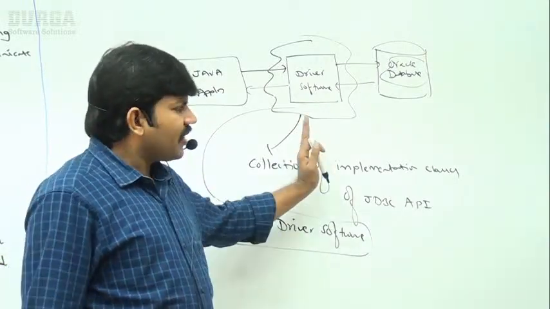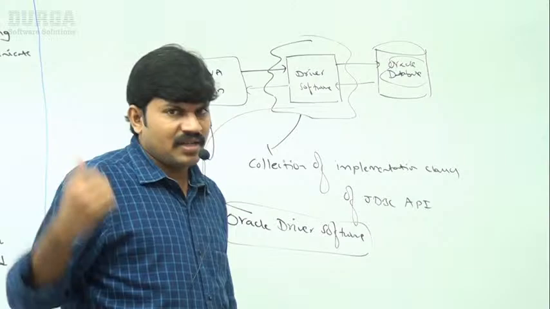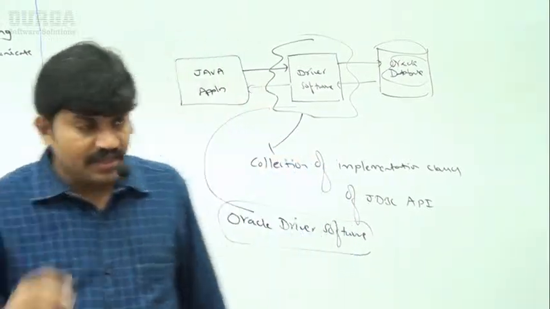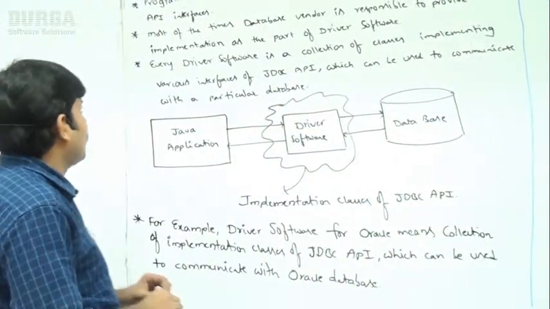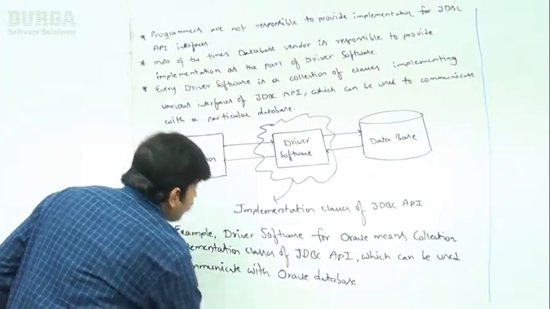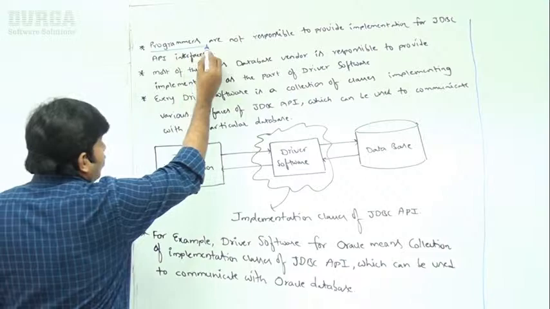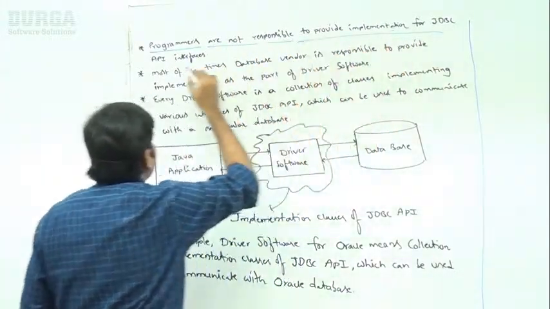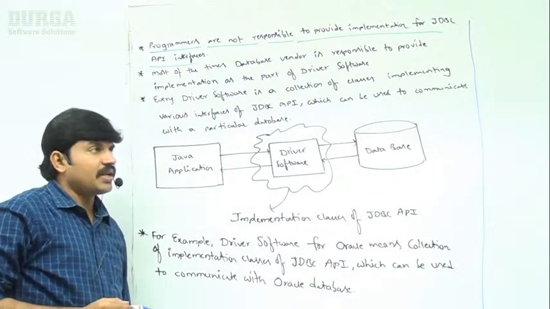If you are getting the basic idea, let me summarize whatever I covered so that you get more clarity. Same terminology here. Programmers are not responsible to provide implementation classes of JDBC API interfaces.